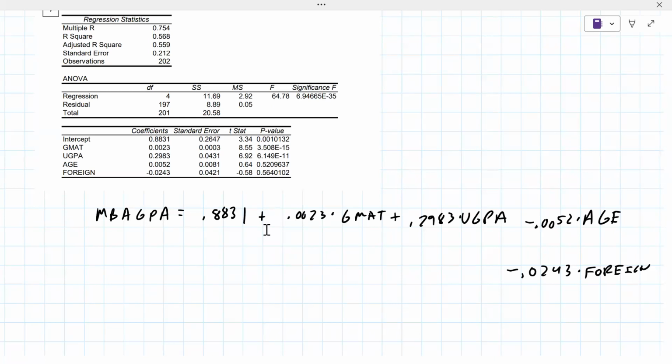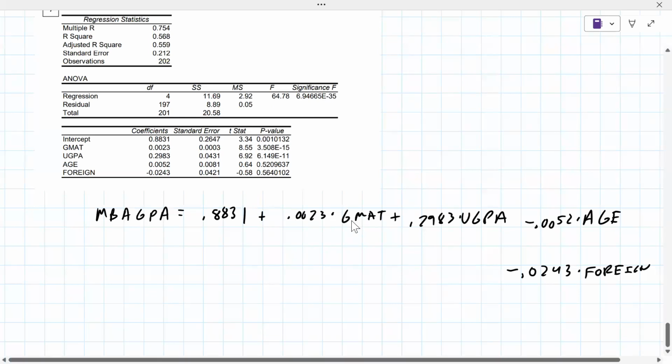So the coefficients tell you how much an increase in your GMAT score affects the GPA. Okay, gotcha. That makes sense.